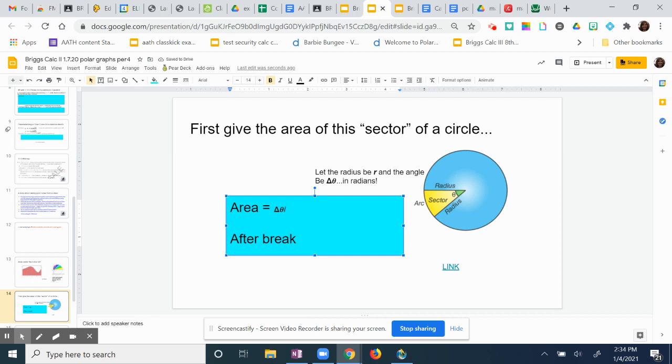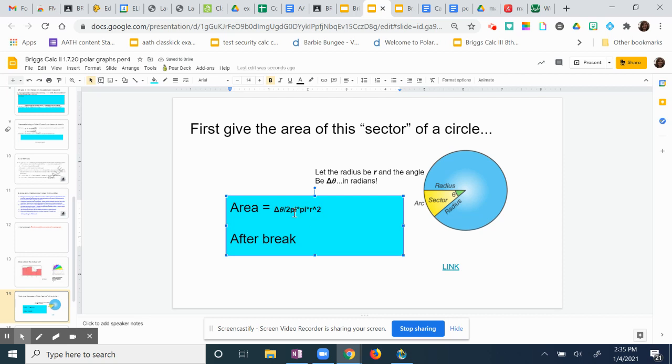But I'm not in degrees, I'm in radians. So out of 2 pi radians. So I would take delta theta divided by 2 pi, and I would multiply that by pi r squared, because that's the area of a circle.